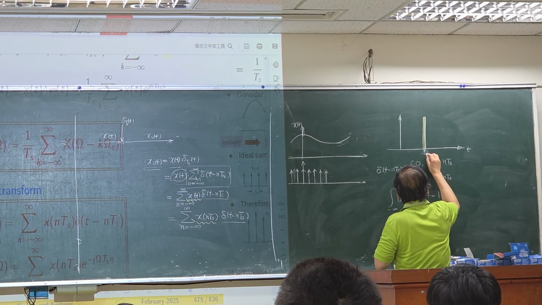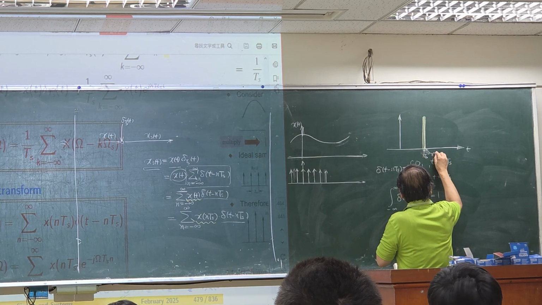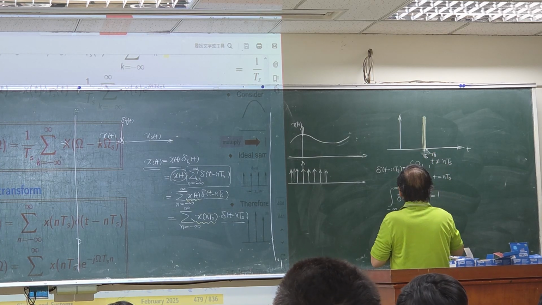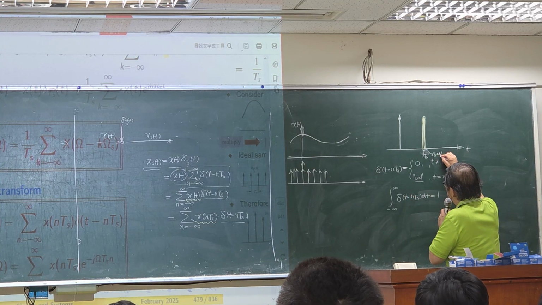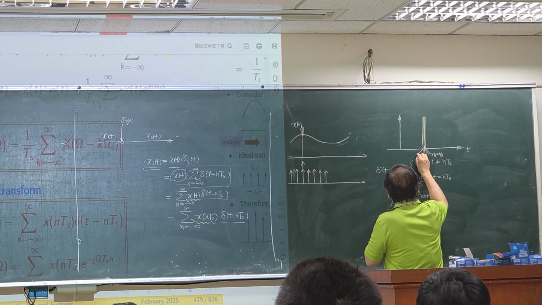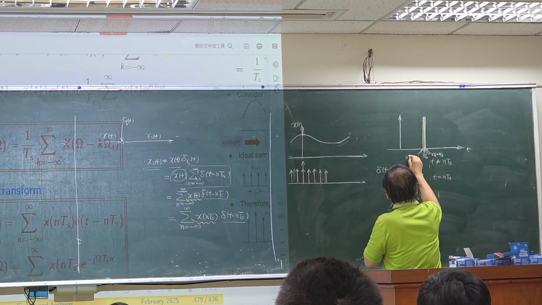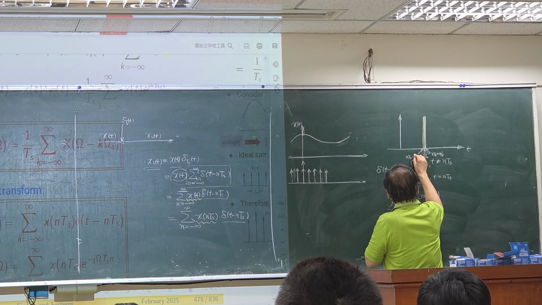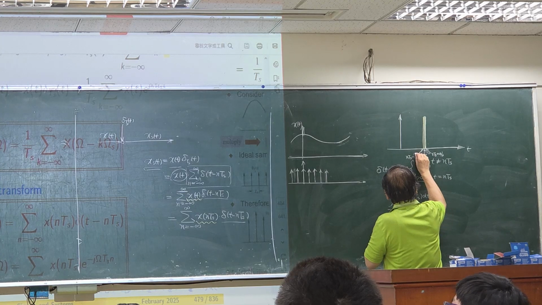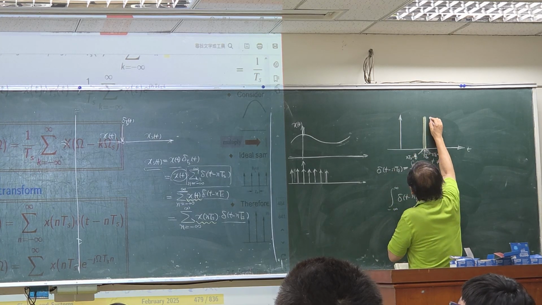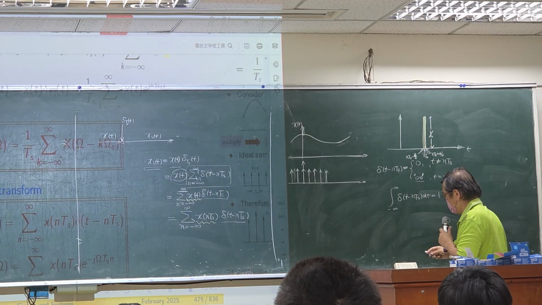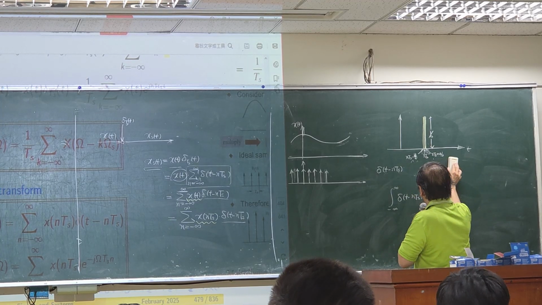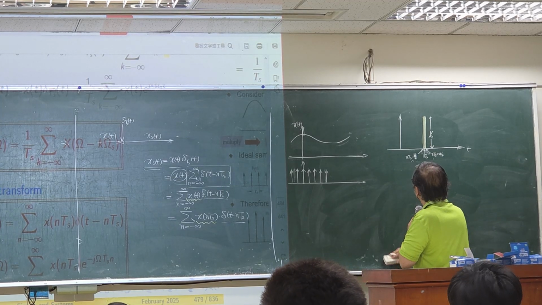This is the same case. This is nTs, plus 1/2 delta, and this is nTs minus 1/2 delta. The function value is equal to 1/delta. So by using this notation, you have to redefine it.